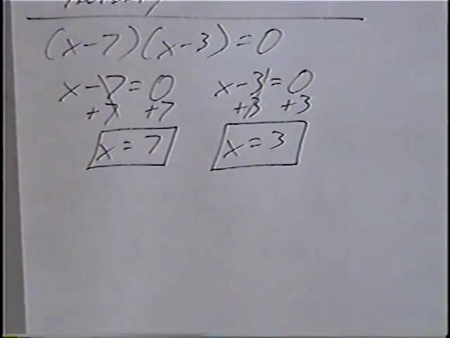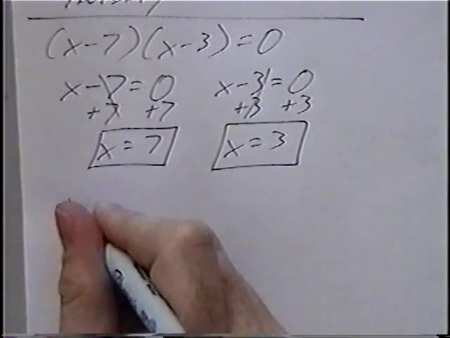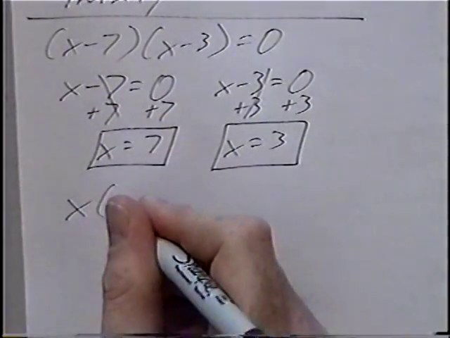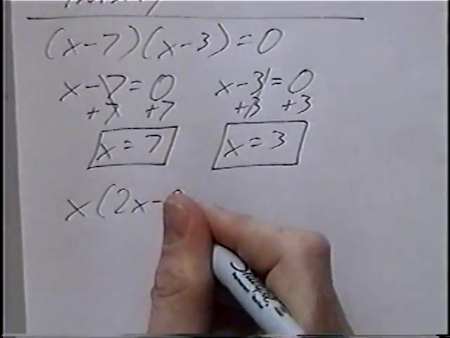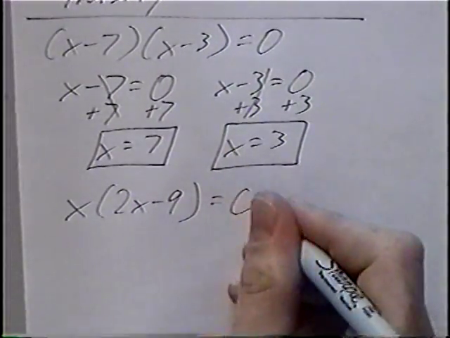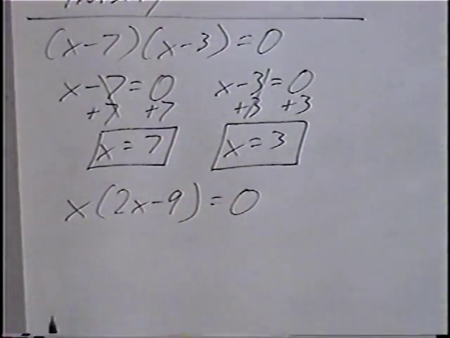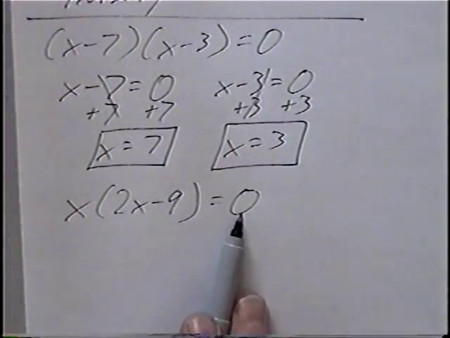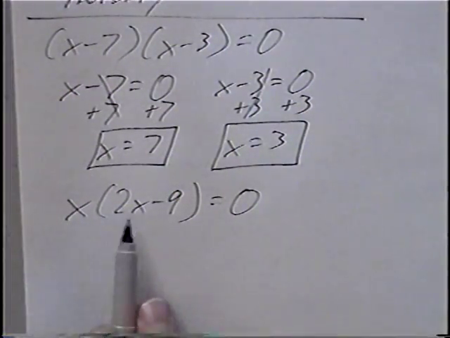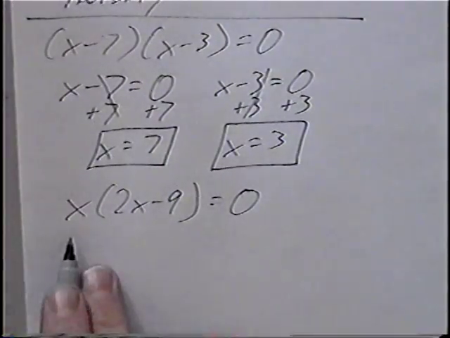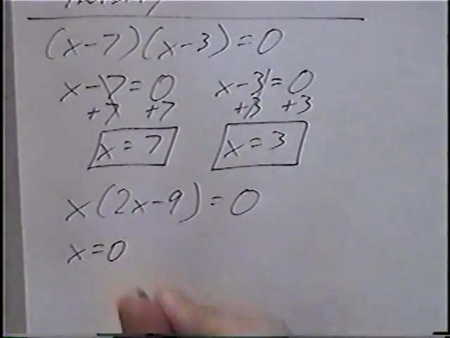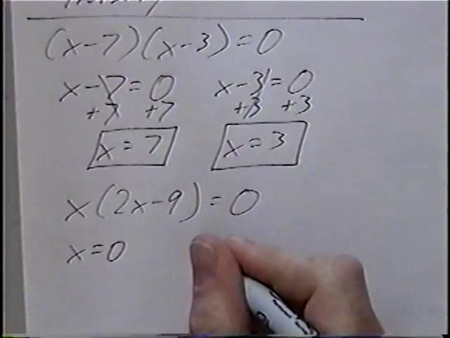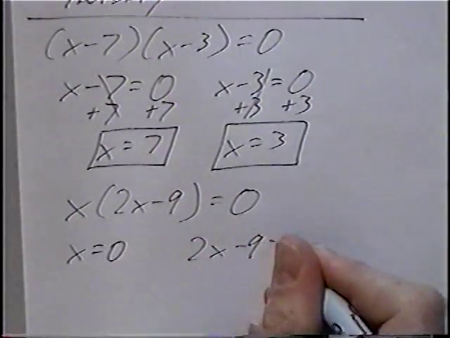Second question and last question for this section is x, and in parentheses 2x minus 9 equals 0. Again, we have one number or one term times another one equals 0, which means either one of these could be equal to 0. The first one, x, is equal to 0, and the parentheses 2x minus 9 equals 0.